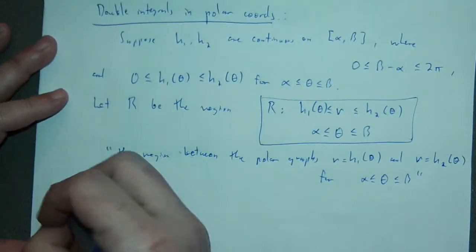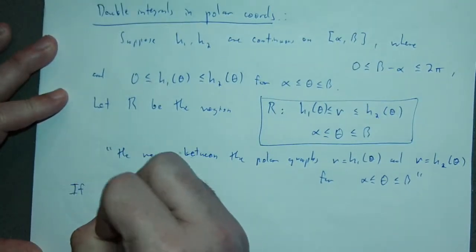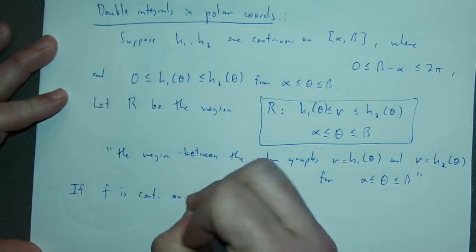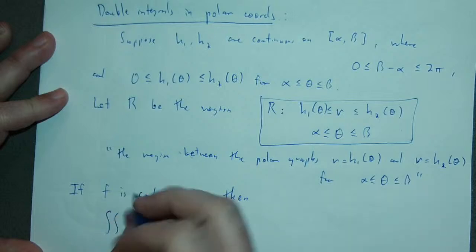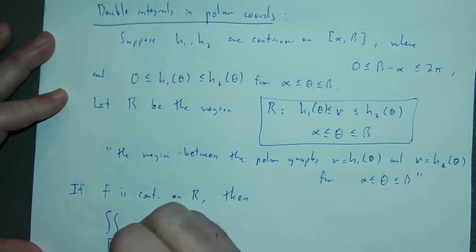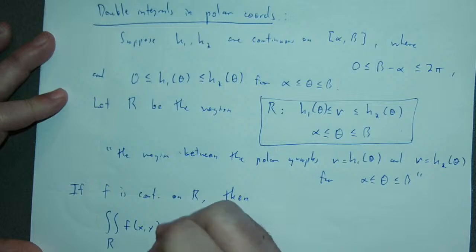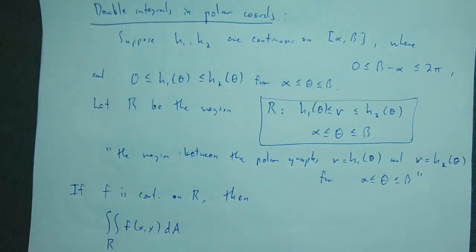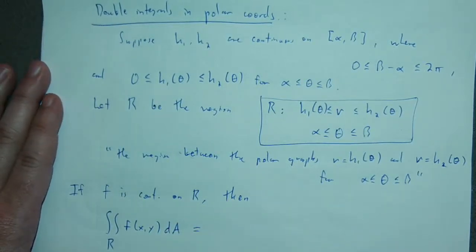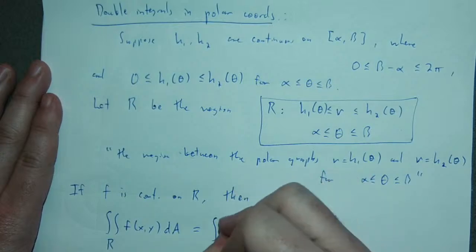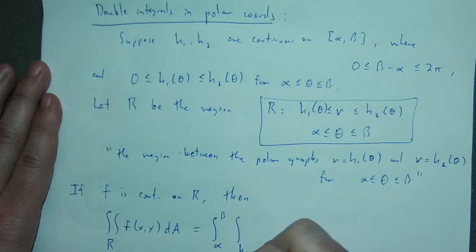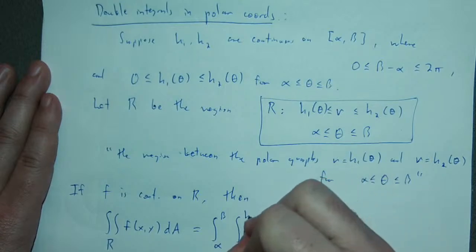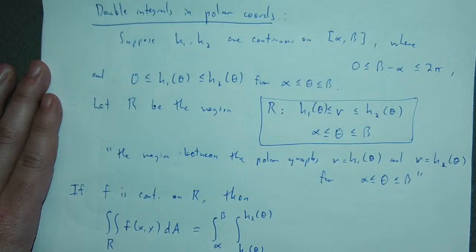All right, then if f is continuous on R, then the double integral over that region R of f of x y dA can be computed as the integral from alpha to beta, the integral from h sub 1 of theta to h sub 2 of theta of f.